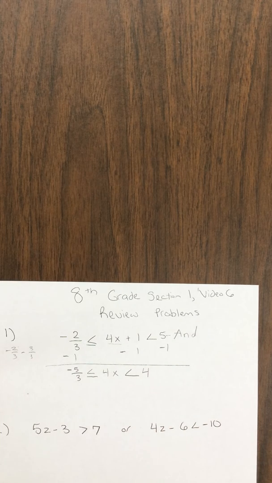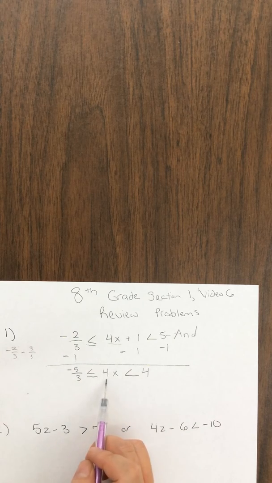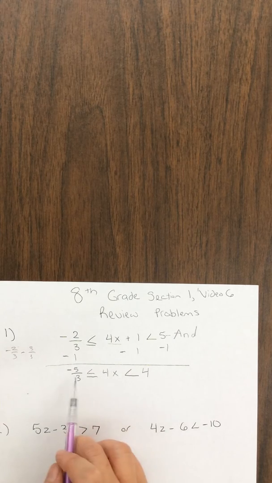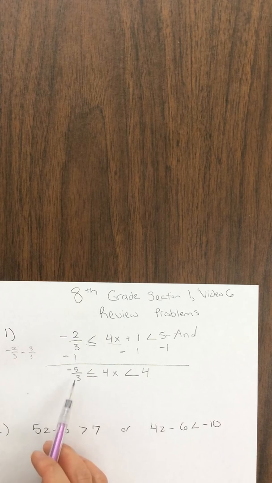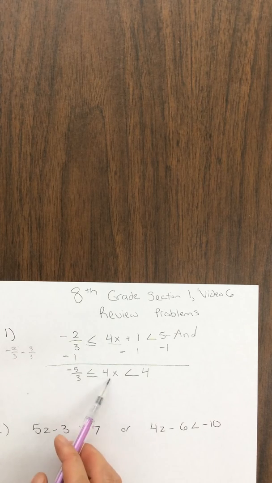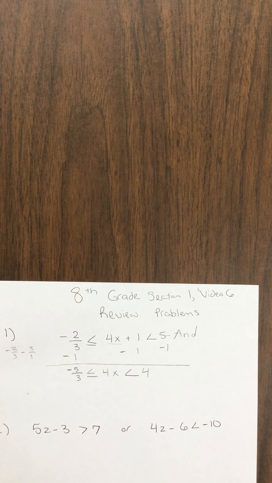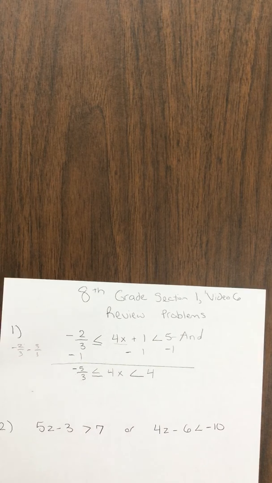Now, in order to get the x by itself, I have to divide each of these three expressions by 4. Notice, I have a fraction right here. A common question you asked me today was, what do I do when I have negative 5/3? How do I divide that by 4? The easiest way to think about this is, whenever I'm trying to divide by a number, think multiply by the reciprocal.